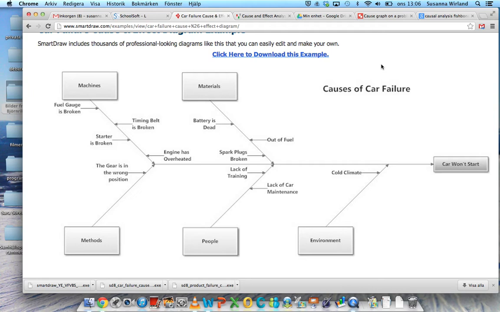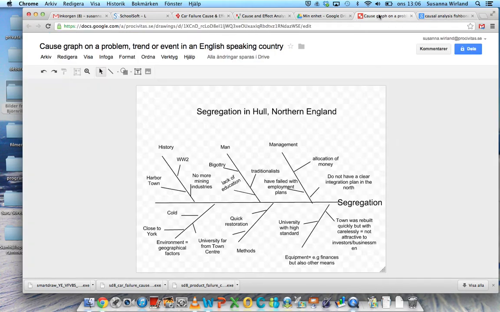And if you then use this graph for maybe a bit more complicated problem that you are going to investigate, and I have chosen here to look into something then that we can really find in an English-speaking country, and that is segregation in Hull, Northern Ireland, or Northern England, sorry.